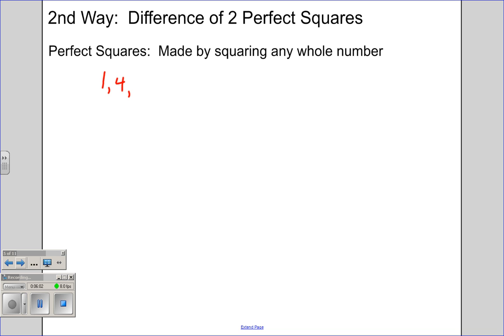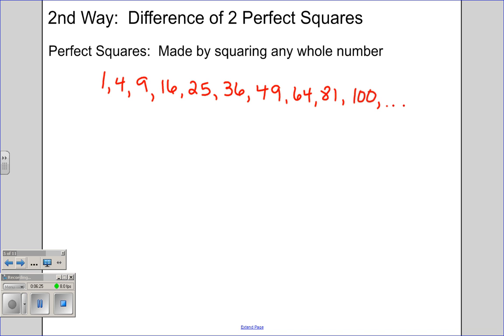Go to 3. 3 squared is 9. And then keep going. 4 squared is 16. 5 squared is 25. And then do 6, 7, 8, 9, 10, and you can keep going.